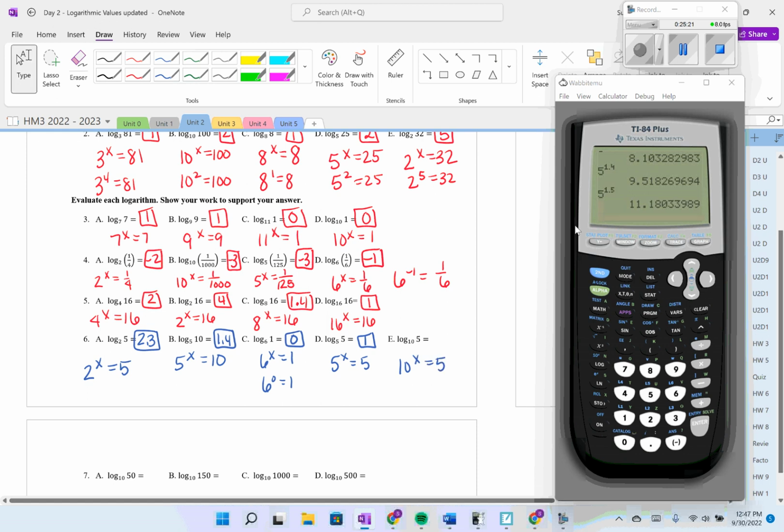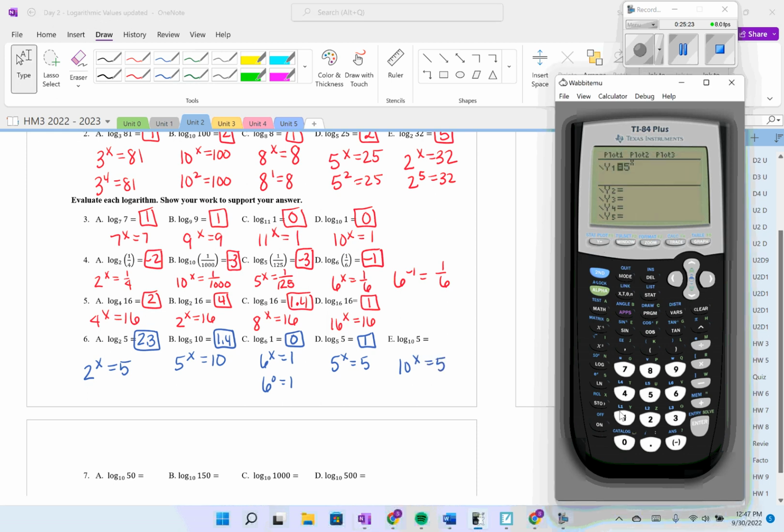So then this one, if we go to our y equals and plug in 10, go to the table, notice that 5 is in between 1 and 10, so we know it's going to be a decimal between 0 and 1. So we could say 10 to the power of maybe 0.3.